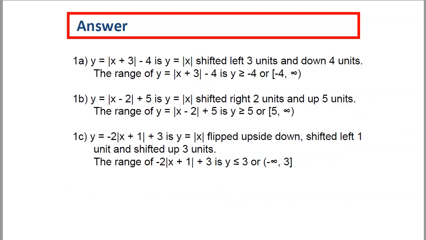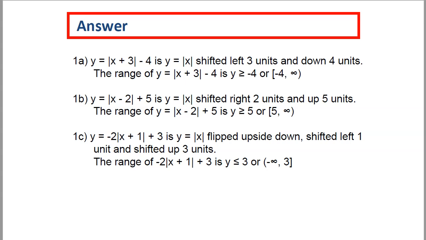So our answers are all together as we've already reviewed. Y equals the absolute value of x plus 3 minus 4 is y equals the absolute value of x shifted left 3 and down 4. And that range is y is greater than or equal to negative 4. For part 1b, y equals the absolute value of x minus 2 plus 5 on the outside.